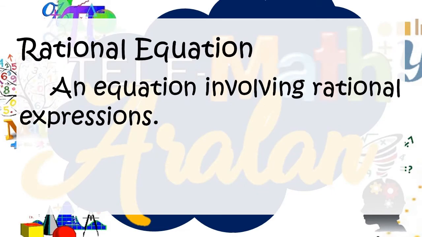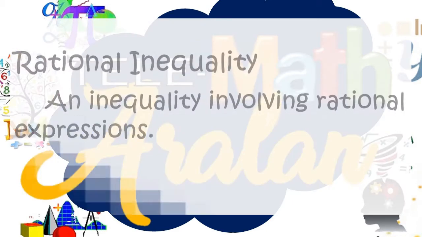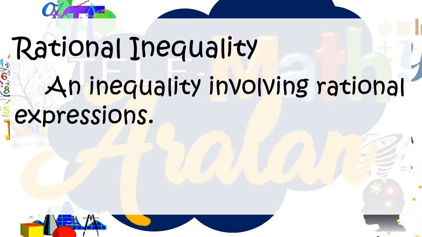Rational equation is an equation involving rational expressions. Example, x plus 4 over x minus 1 is equal to 1/5. Rational inequality is an inequality involving rational expressions. Example, x minus 2 over 5 is greater than 3.